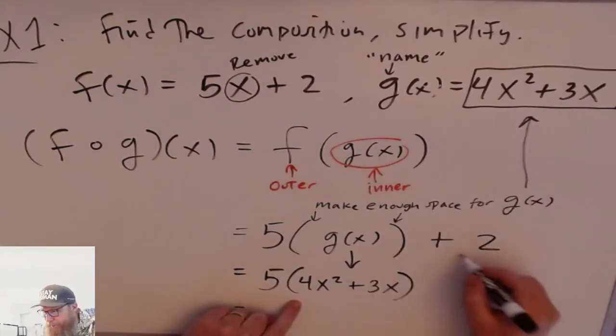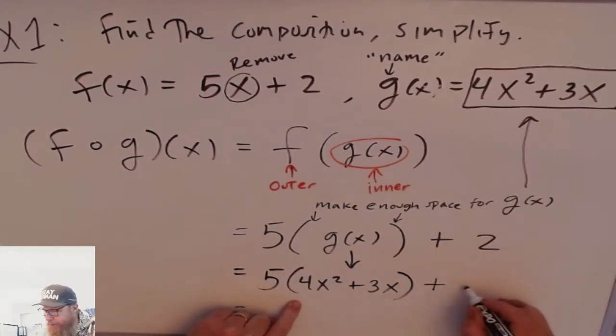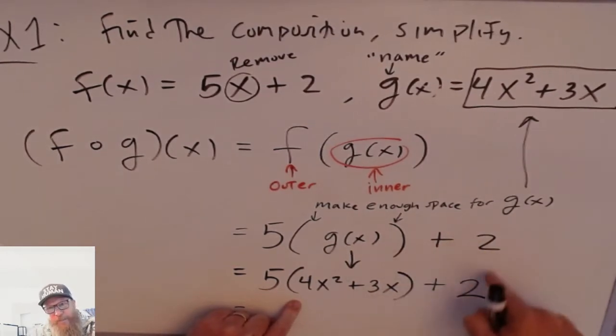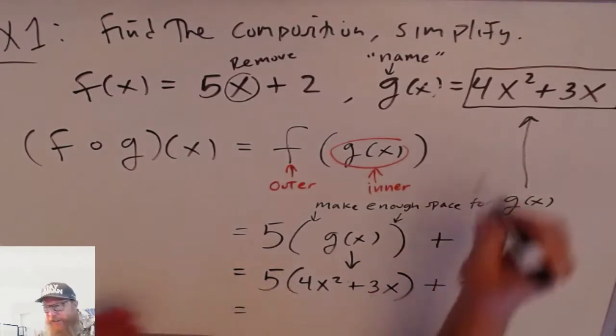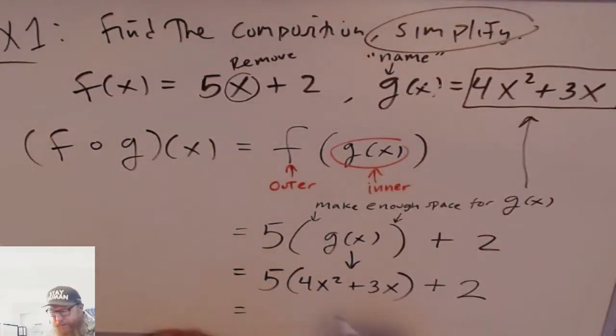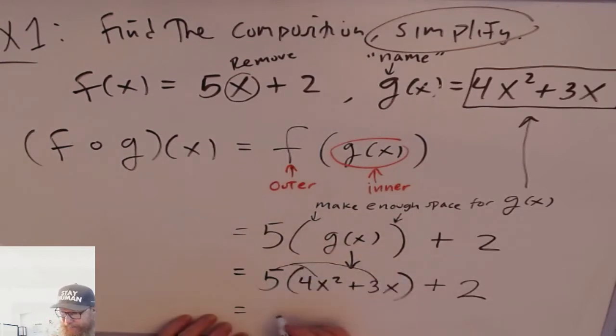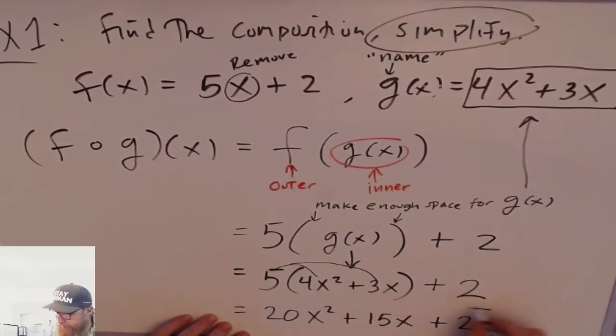So plug it in. Don't forget the rest of the function, plus 2. Okay, so this is your composition. Now you're going to simplify the result. This is a relatively simple one, so it'll be 20x squared plus 15x, and then don't forget the plus 2.